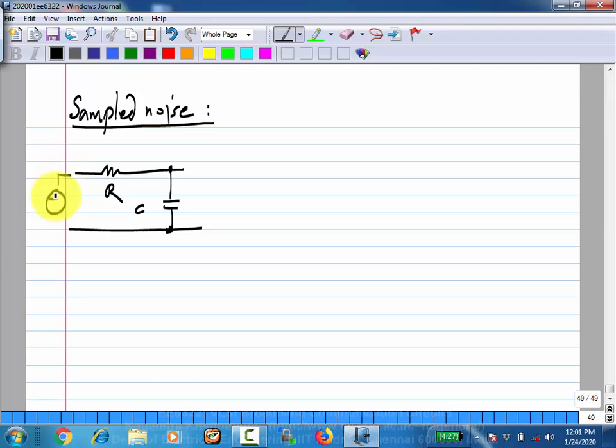So let's say you had a low pass filter, which is representative of any circuit, and then you sample this. Okay? So let's say this is V0 of t, and you sample this periodically with some interval Ts, and you get some samples here, which are V0 of nTs.